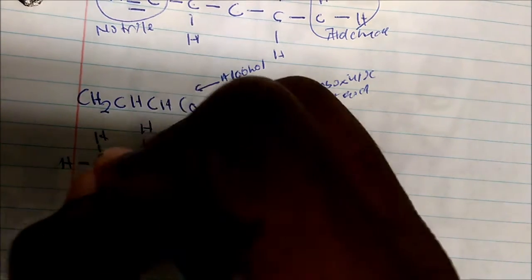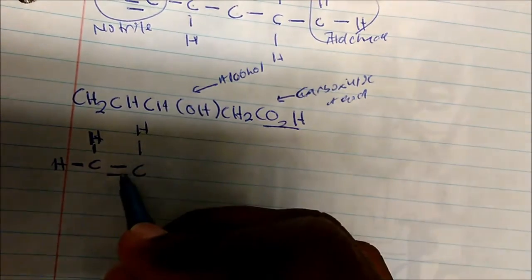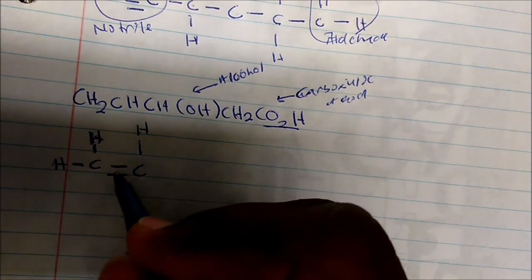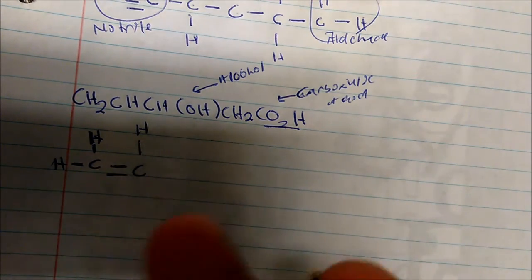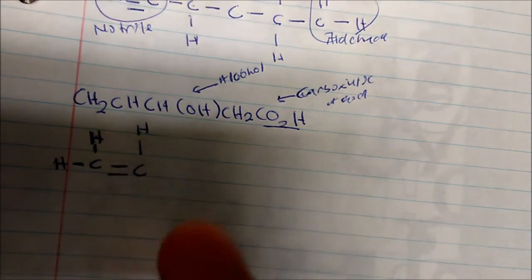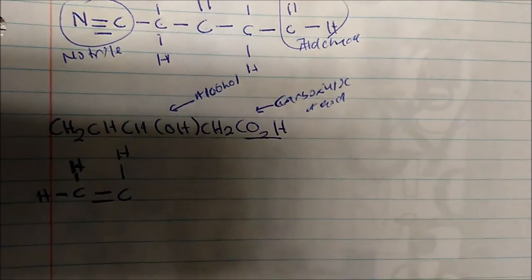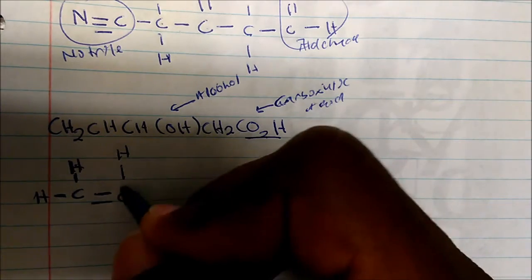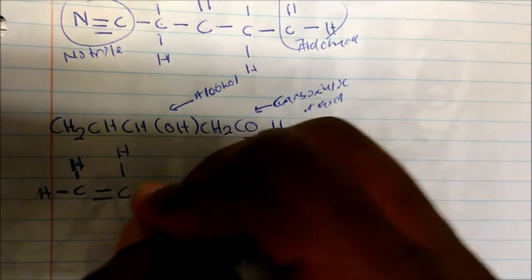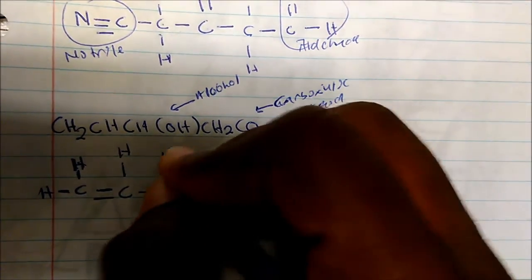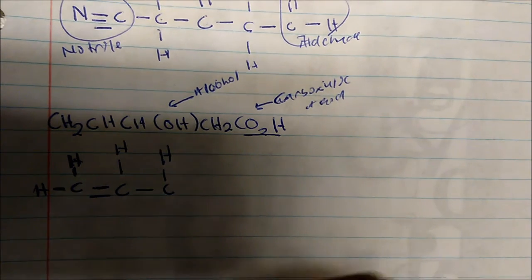All we're doing is fulfilling the octet rule. So if I see that this carbon, like we just did, was missing a bond, the only way for the molecular formula to match up with the line structure is if this had a double bond. So now we have a carbon that has a CH, and this is bonded to a CH.